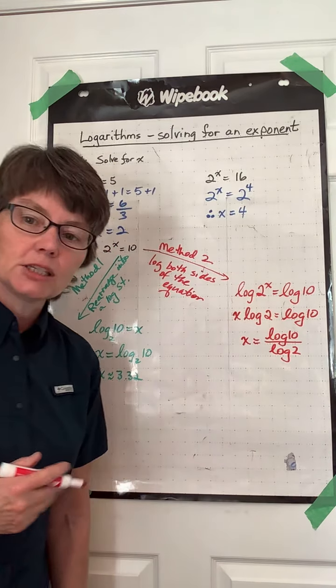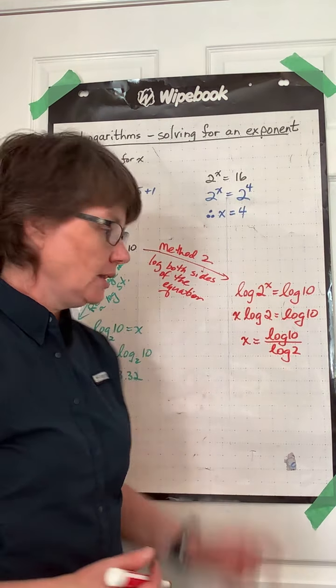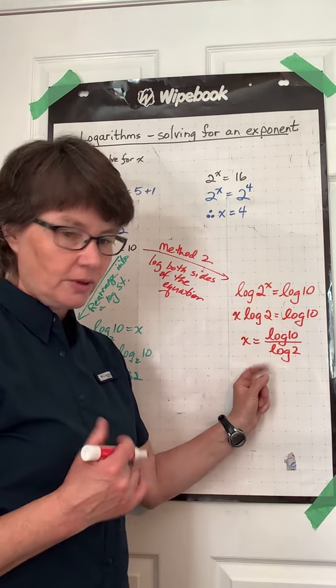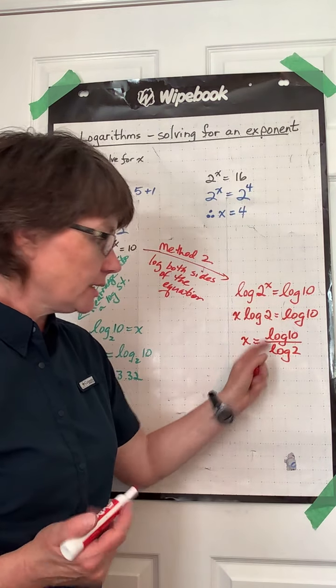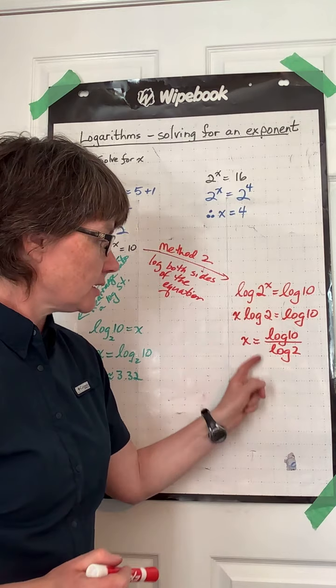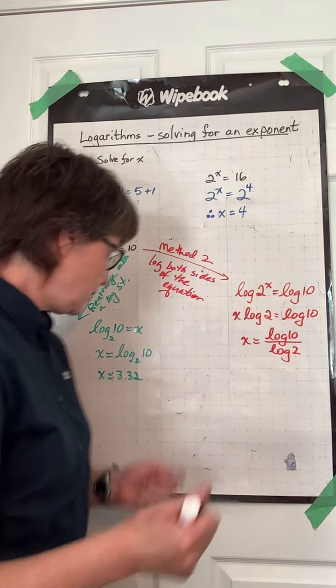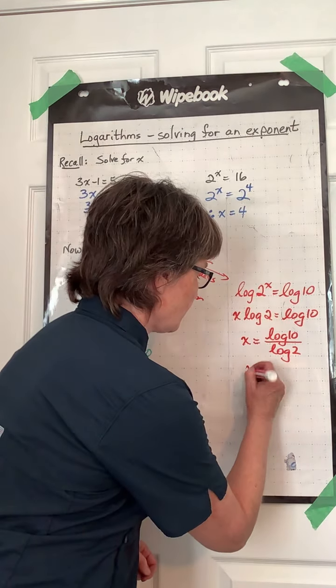If this was a non-calculator question, we're going to want to take one step further. I'll show you in a moment. If it's a calculator question, you can now plug that into your calculator, log 10 divided by log 2, and you'll get the exact same answer as over here.